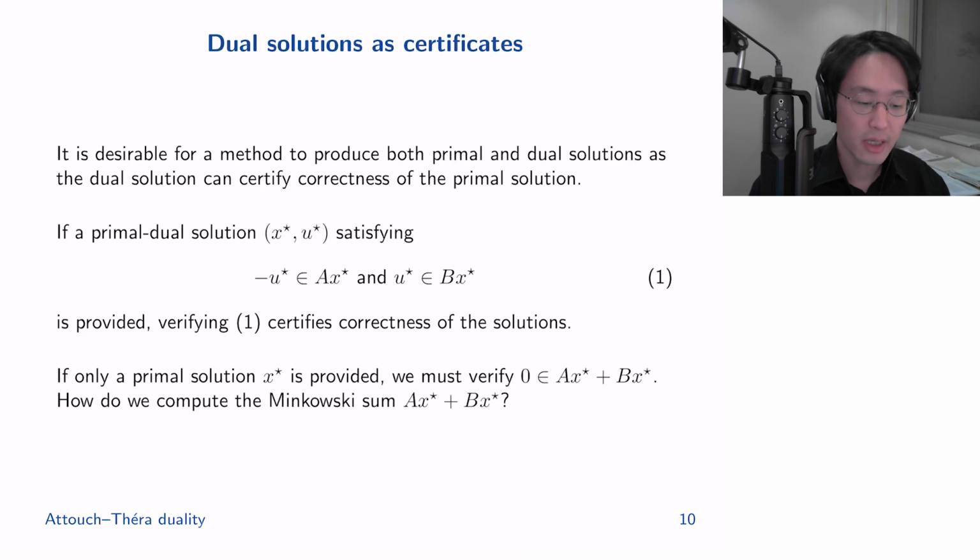In some cases, it may be straightforward to carry out the Minkowski sum and then verify whether 0 is contained within the sum. But in general, this may not be an easy task. So if we have a dual solution provided together with a primal solution, then it becomes much easier to certify correctness of the primal solution.